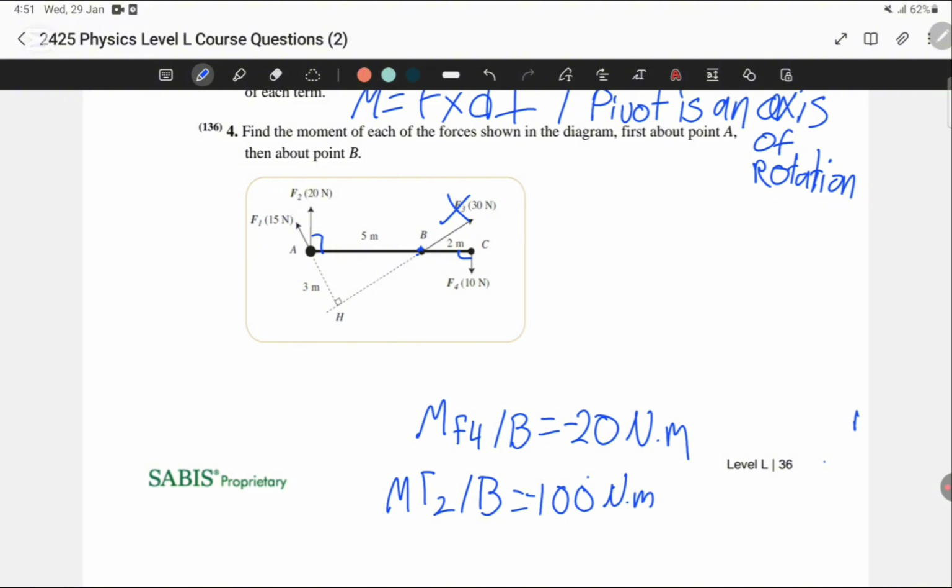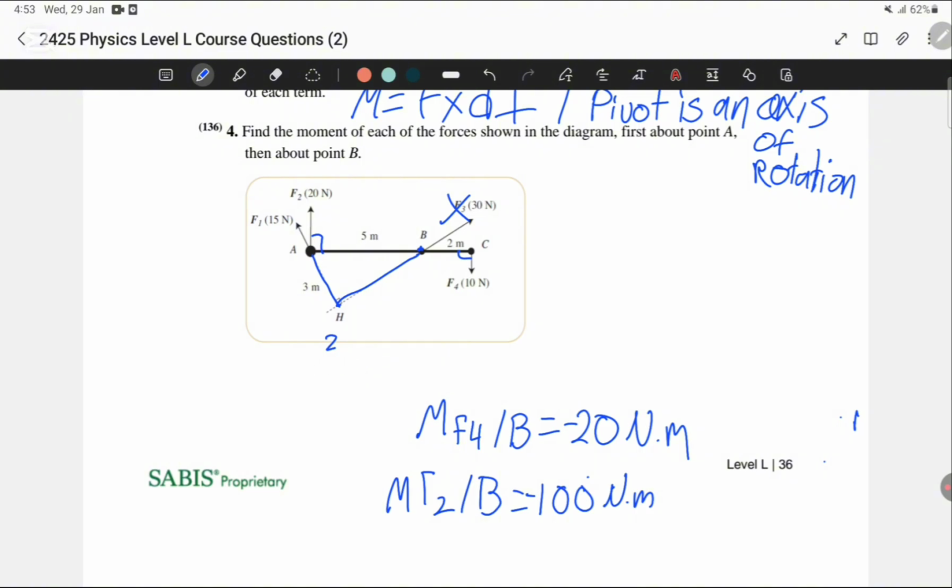Okay, so now we need to find force 1. What we're going to do is use the Pythagorean theorem. We need to find this, which is going to be the height, and this is the hypotenuse. So we're going to use 5 squared equals 3 squared plus HB squared. Plug it into the calculator, you're going to get 4.